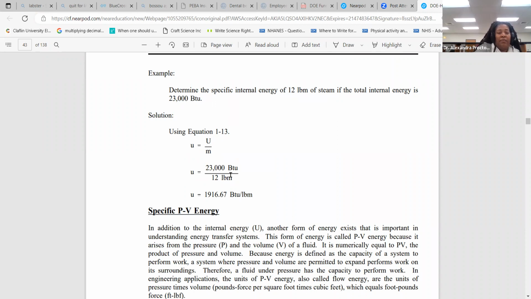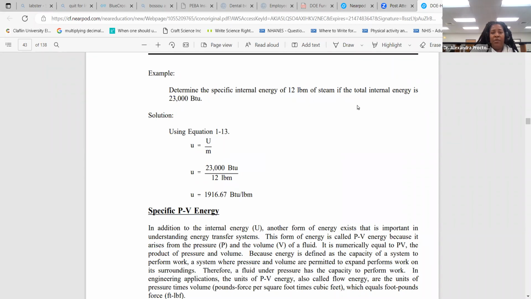Divided by 12 pounds mass. And so lowercase u is equal to 1,916.7 BTU per pound mass. And so you just have to keep those straight.